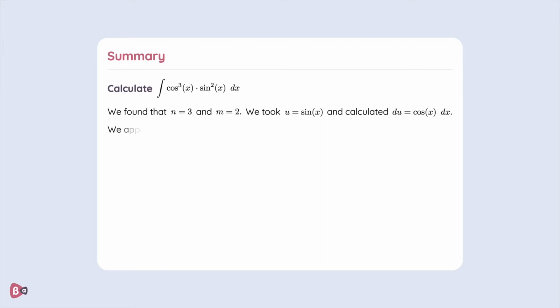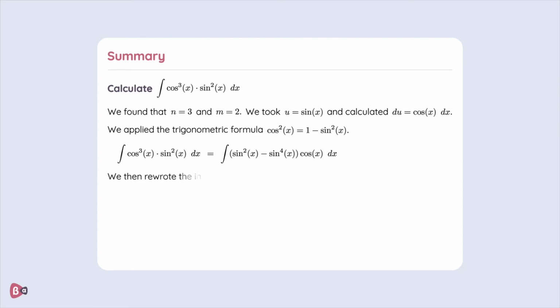Then we applied the necessary trigonometric formula, which in this case was the cosine of x squared is equal to 1 minus the sine of x squared. And we fill this into our integral. The next step was to rewrite the integral in terms of u and du, and to calculate the integral.